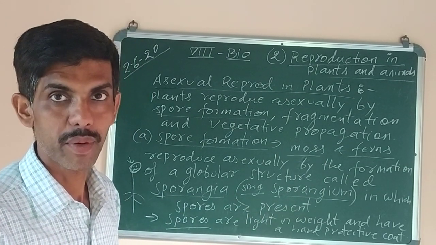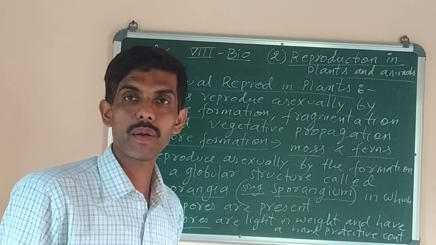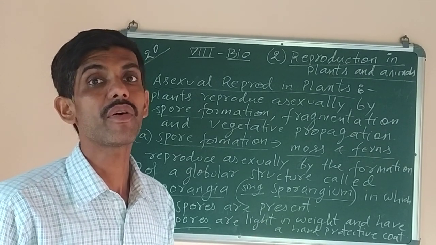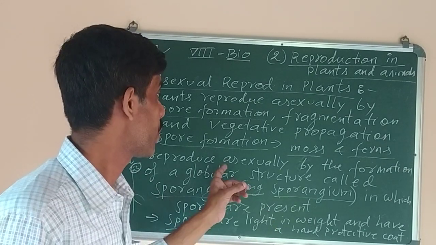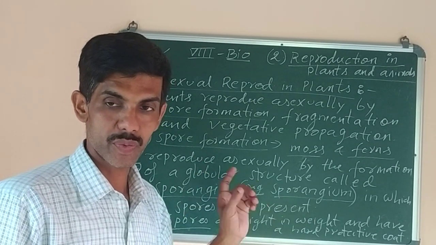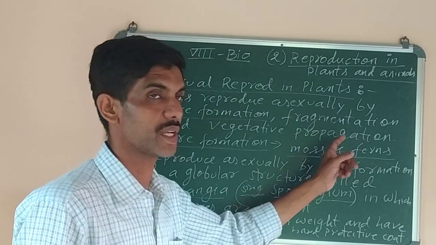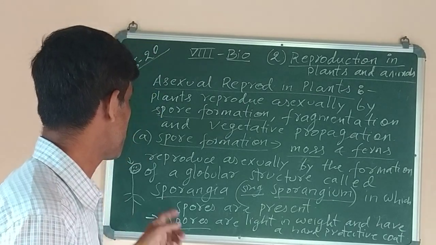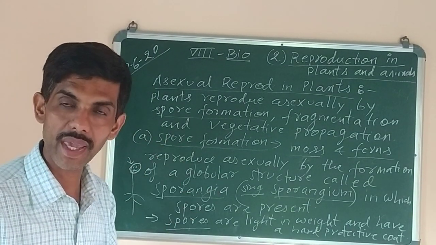Even the common bread mold, Rhizopus, which is found growing on our stale bread, they also reproduce by this method. So bread mold is a type of fungus which reproduces by the method of spore formation. Okay, so spore formation is a type of asexual reproduction found in lower plants like mosses, ferns, even in the bread mold, in which the spores are produced inside a globular structure that is called sporangium.